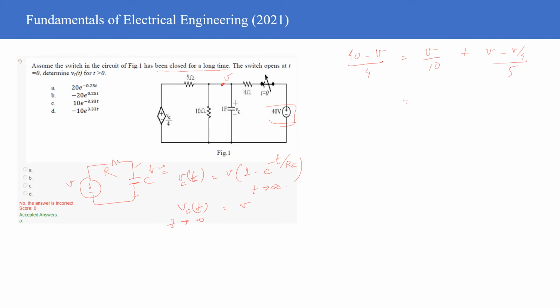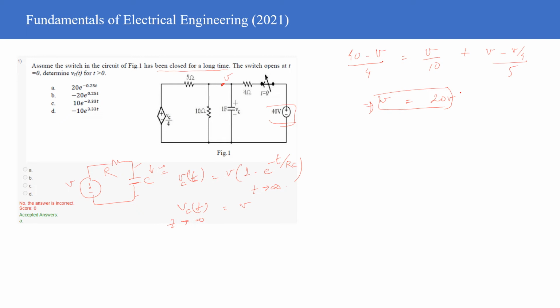If you are going to solve it, it will give you voltage V equals 20, right? You solve it, you'll get voltage V equals 20, right? So that implies that the steady state voltage of the capacitor is equal to 20 volts, right?